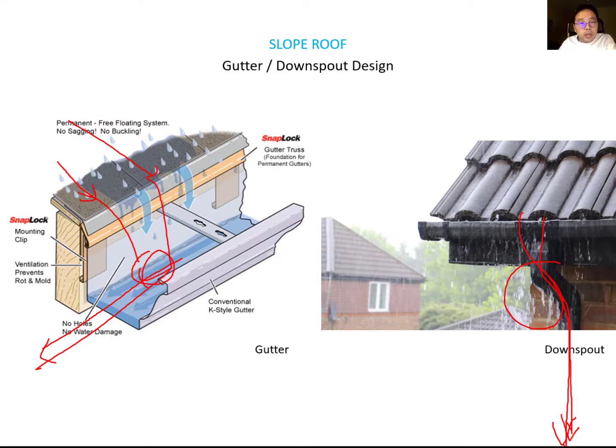But we don't like the downspout a lot, because when you have a downspout in your elevation, you probably don't like these kind of extra pieces over the elevation design.